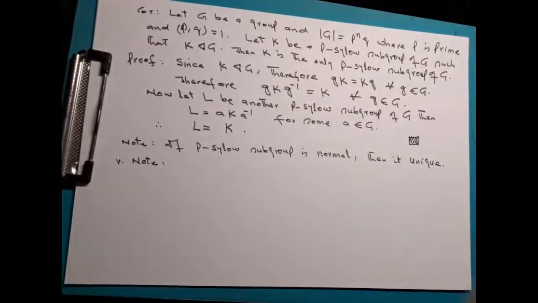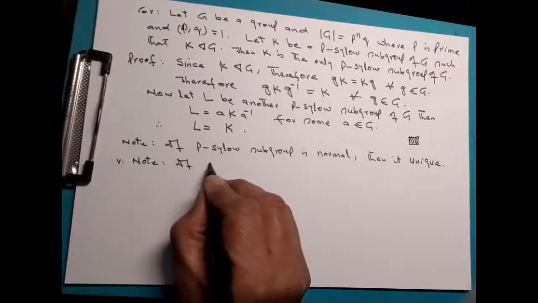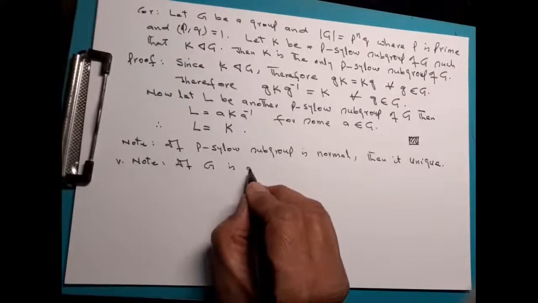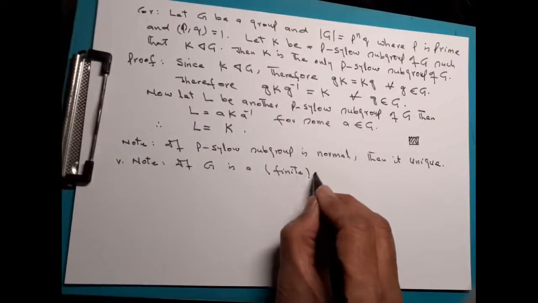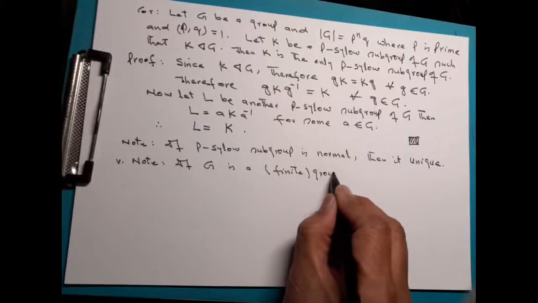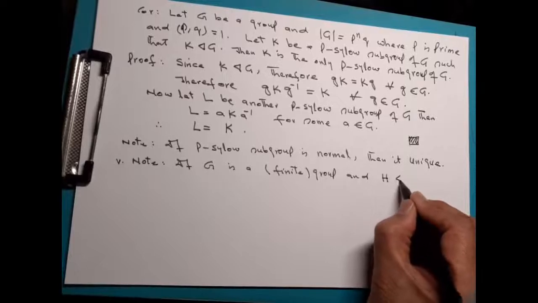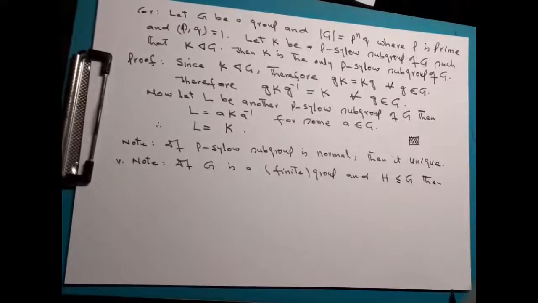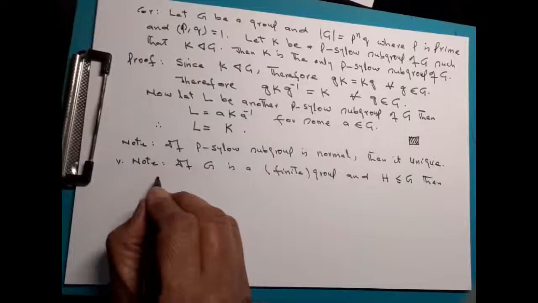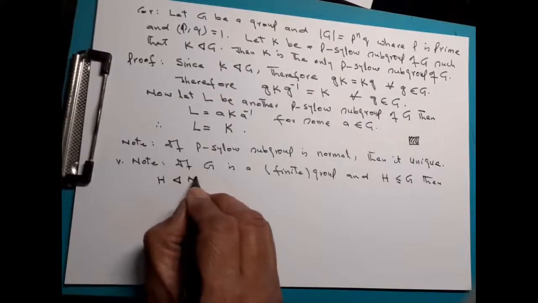If G is a finite group and H is a subgroup of G, then H is a normal subgroup of the normalizer of H.